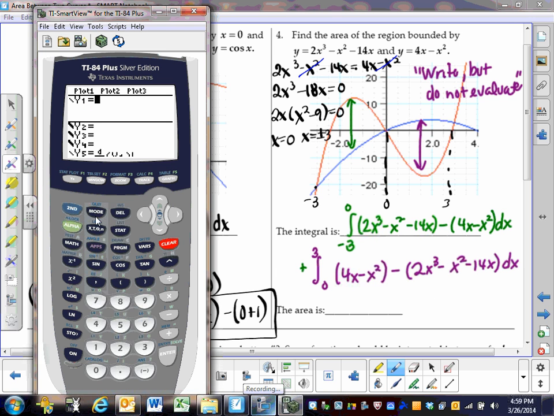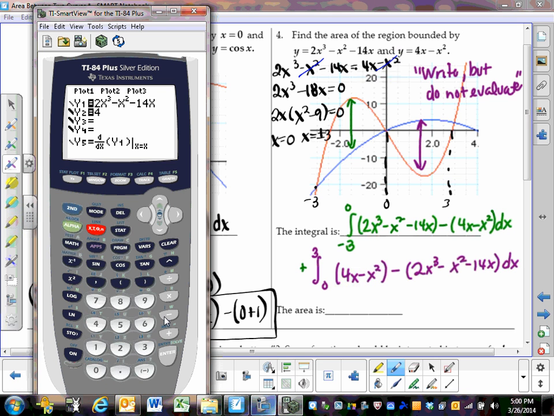Otherwise I would put one of the functions into y1, so 2x cubed minus x squared minus 14x, and 4x minus x squared. I would probably make a note for myself.